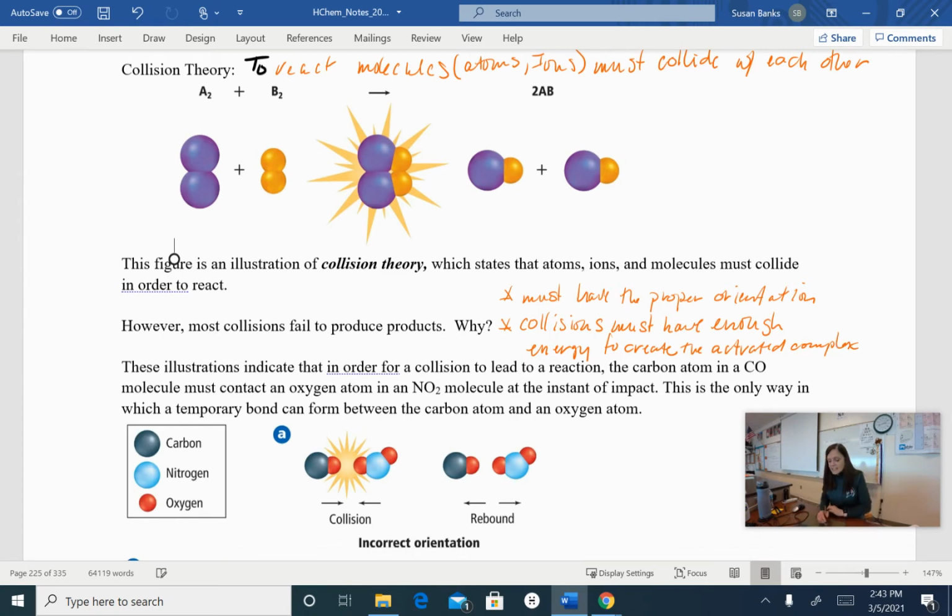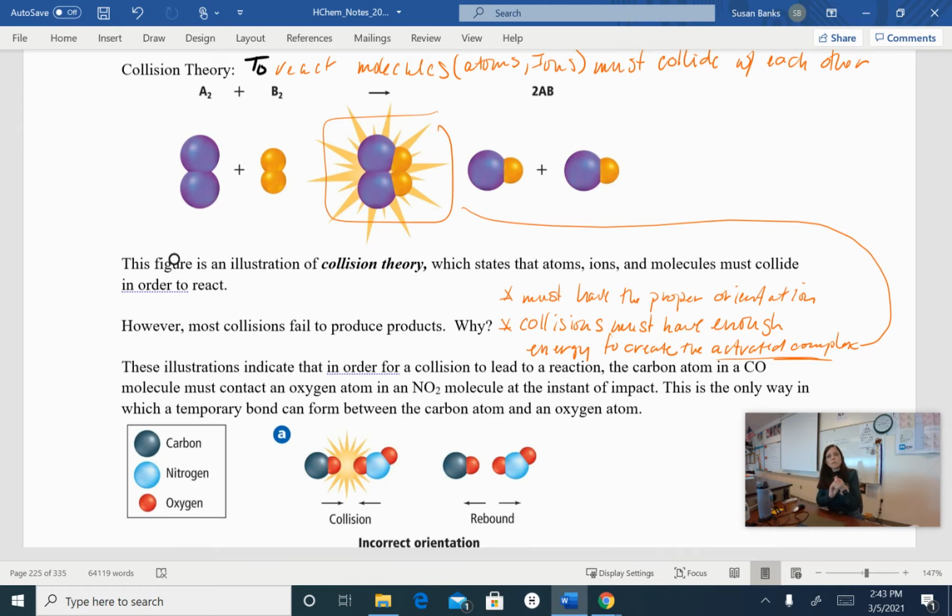Okay, so that activated complex is this kind of halfway molecule where bonds are being broken on the old molecule, and that takes energy to break bonds, and bonds are being made on that new molecule. So we've got to have enough energy to start breaking old bonds and making new bonds, and that is the activated complex, that kind of in-between molecule.